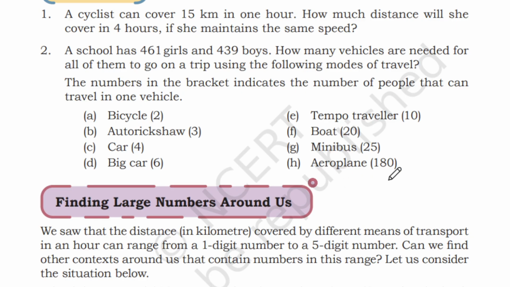The aeroplane can hold about 180 students, including boys and girls. Likewise, for each vehicle they have given the capacity, how many students they can hold. For example, a bicycle can hold only two of them. So, how many bicycles are needed to take 461 girls and 439 boys?